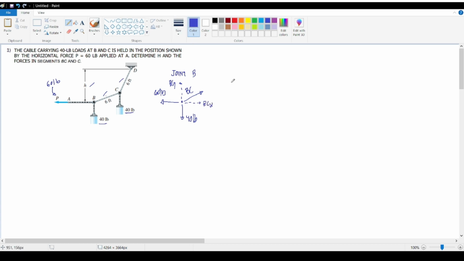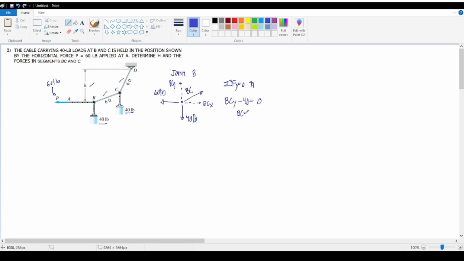We can just use the summation of forces along Y and set that equal to 0 since the system is assumed to be in equilibrium. I'm going to denote the upward forces as positive. So we have the y component of BC, BCY, minus the 40-pound force, and that should be equal to 0.